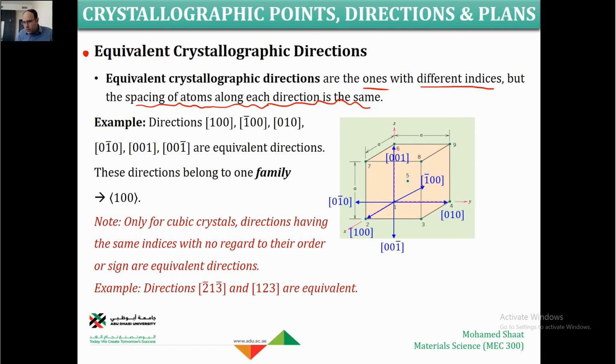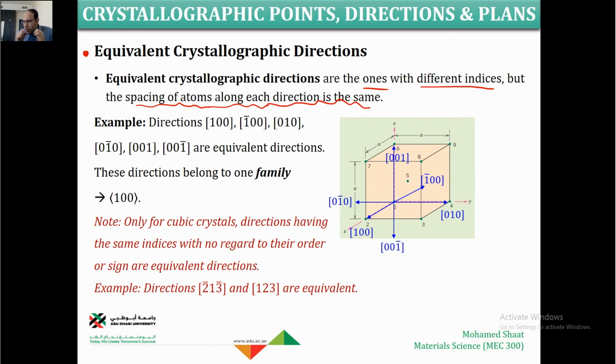So again, if you have any two directions, they should have different indices, like 1, 0, -1, 0, 1, -1, 0, 0, these are two different directions. Are they equivalent or not? There is a test. There is a condition. What is this condition?